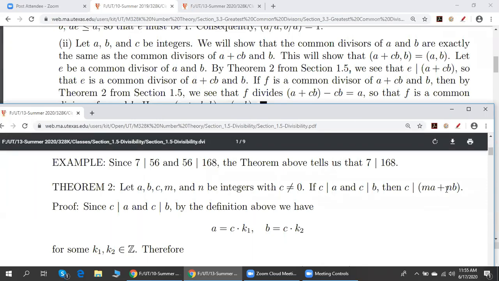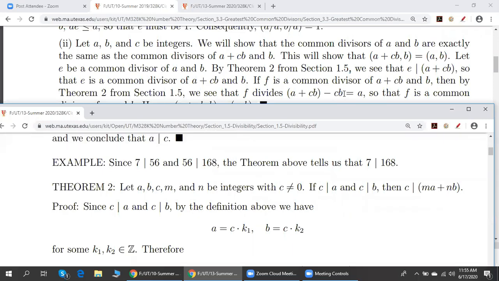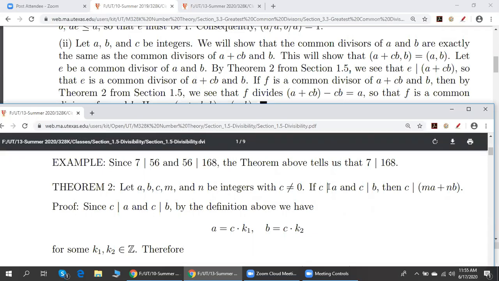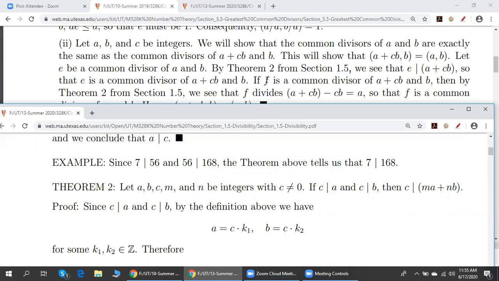Similarly, if we replace here N by negative C, plus NB becomes negative CB. So, since by Theorem 2, if C divides A and C divides B, C divides MA plus NB, here if F divides this and this, F divides this minus CB.